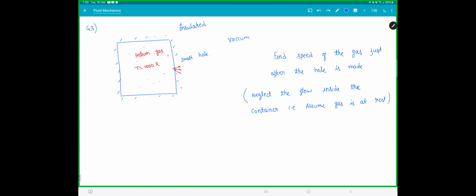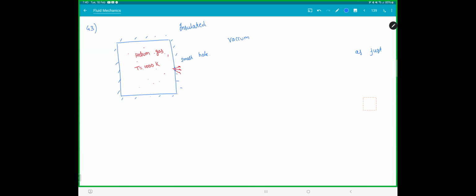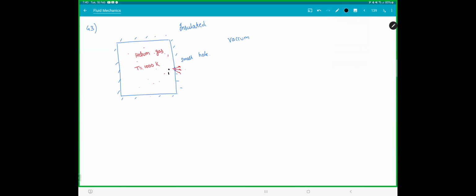Let's see. So consider this is 1 and this is 2. You're going to apply Bernoulli between 1 and 2. The 1 is just inside and 2 is outside.